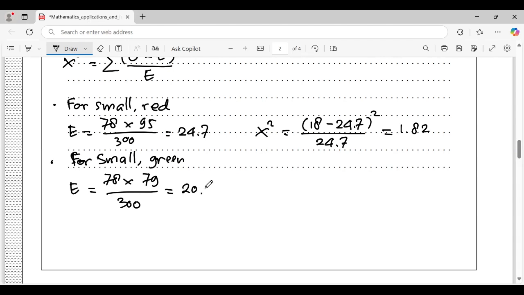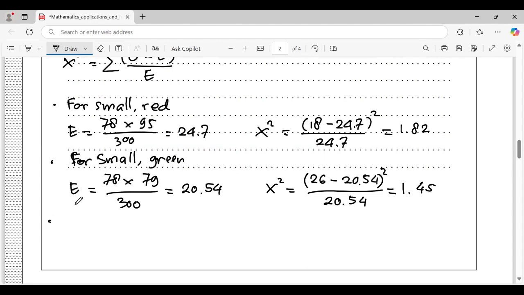The result is 20.54. And the chi-square calculation, 26 minus 20.54 squared over 20.54. The result is 1.45.